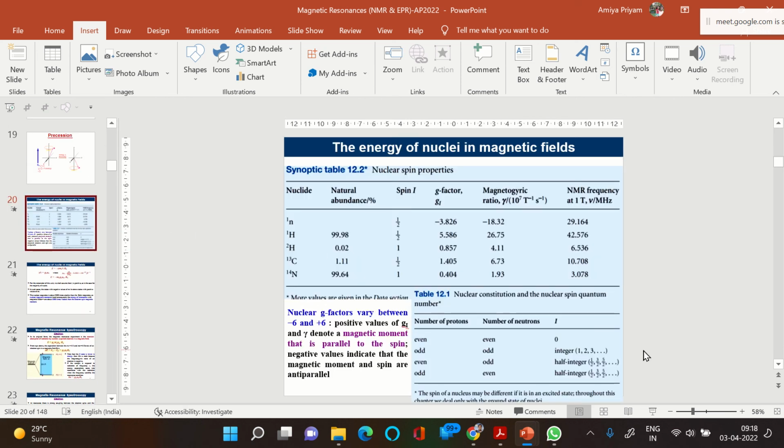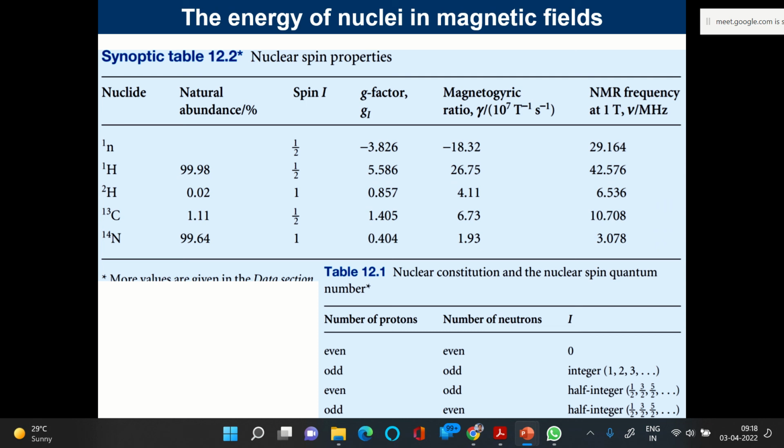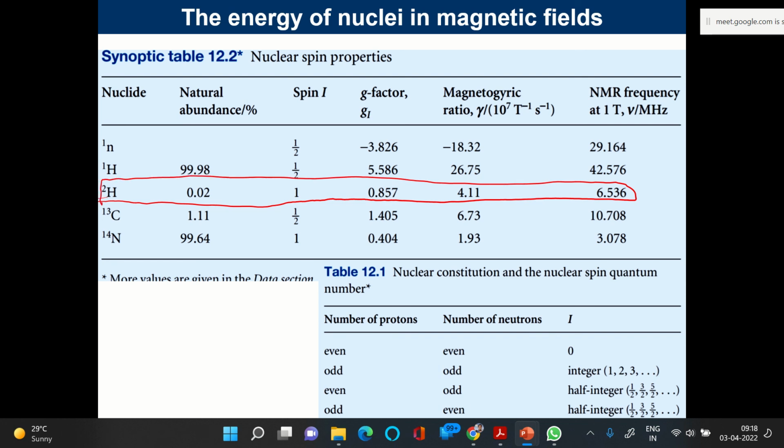If you come across any such answer on the internet or in some very ordinary books, that is wrong. Deuterium is magnetically active. It is a spin 1 nucleus. So to say that deuterium is not magnetically active is factually incorrect, and avoid writing such answers.